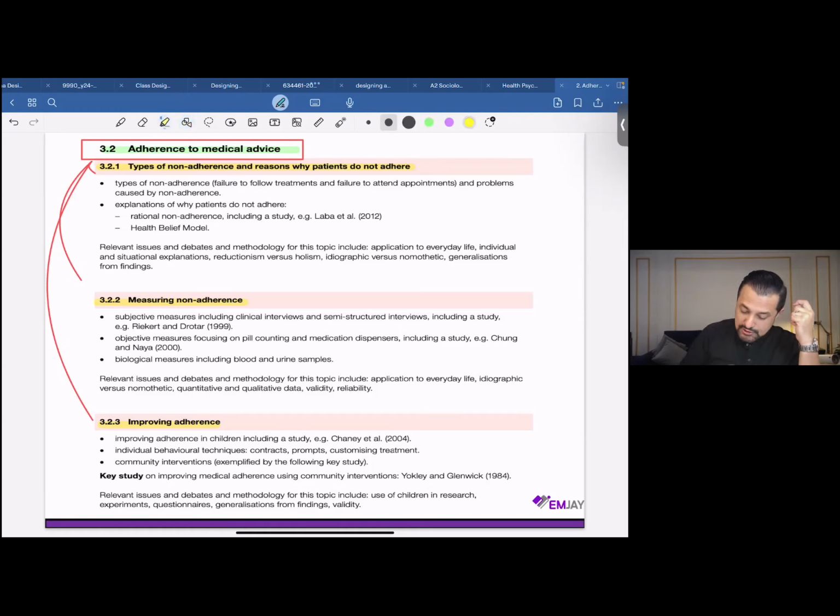Now, each section is further divided into different topics. For every bullet that you come across from your syllabus, expect a 6-mark question from this, right? As you all know, each unit is divided into three sections, and each unit comprises of a key study. This is the key study that I've highlighted over here in purple, right towards the end.